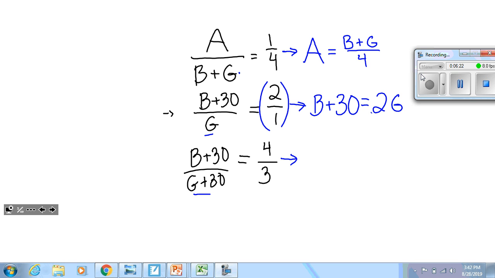So multiply both sides by G plus 30, and I'm going to end up with B plus 30 equals 4/3, or you could say just 4 times G plus 30 over 3, but I'm going to say 4/3 G plus 30. Okay. So I'm going to use these equations in blue to try to solve this problem we have here and find adults to kids chaperones.